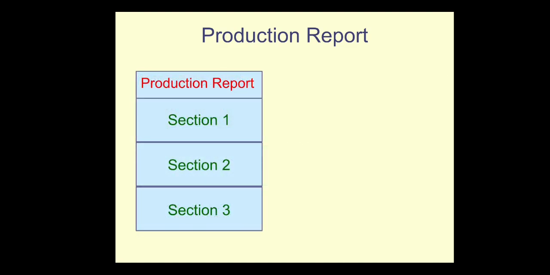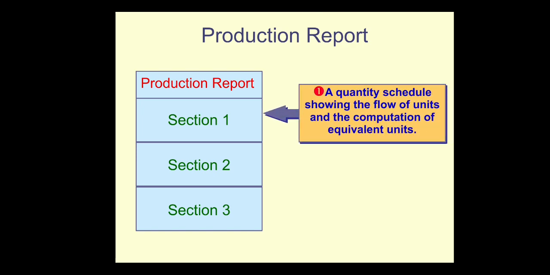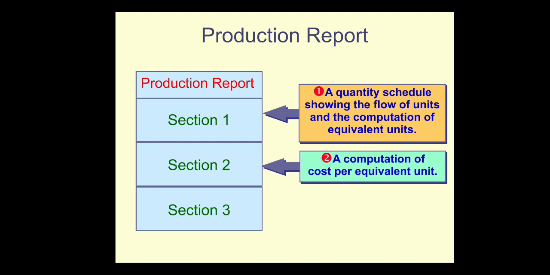Okay, production report contains 3 sections: section 1, section 2, and section 3. So section 1 is where you show a quantity schedule showing the flow of units and the computation of equivalent units. Okay, that is the thing that you have to show. Section 2 is where you show a computation of cost per equivalent unit.